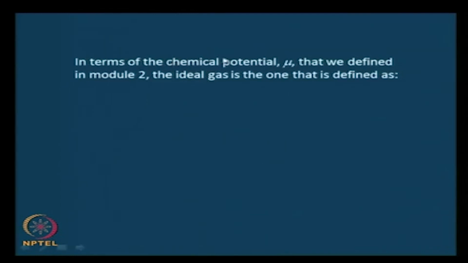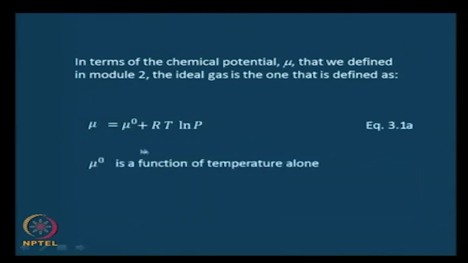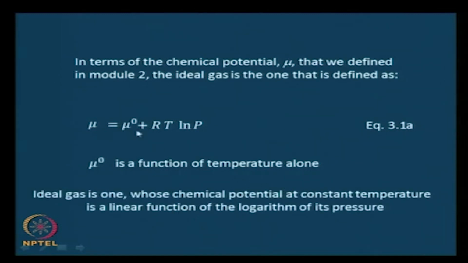This is where we brought in the things specific to our course. We said in terms of the chemical potential, we will define or we have already defined the ideal gas as something that follows mu equals mu naught plus RT ln P. In fact, we have defined what a chemical potential is earlier. We are defining what an ideal gas is in terms of the chemical potential in this module. One that satisfies this equation is an ideal gas, where mu naught is a function of temperature alone, and it is quite easy to see here.